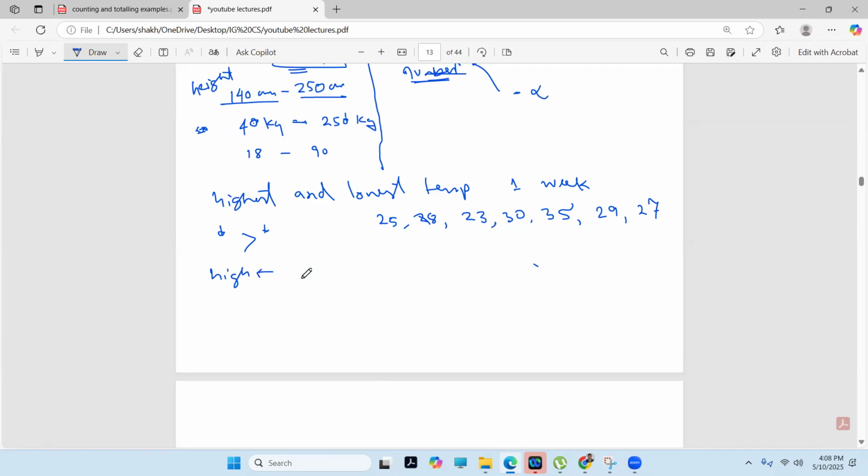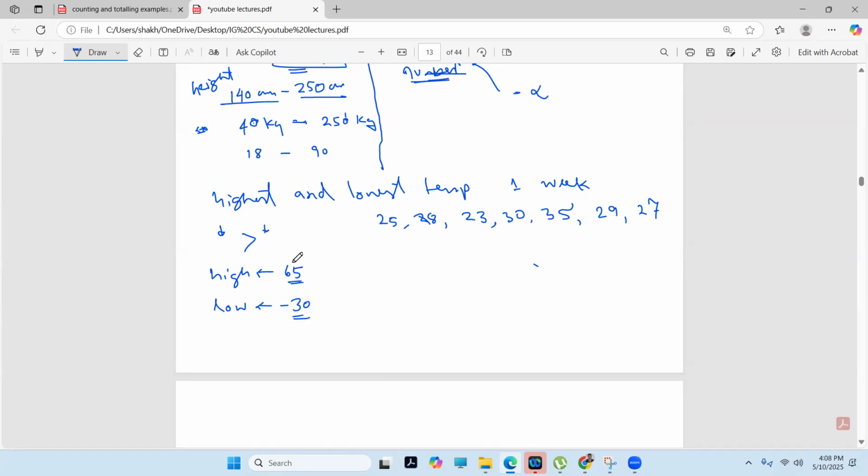You write the highest temperature at the beginning. For example, the highest temperature on Earth possible is 65 degrees, and the lowest temperature on Earth from your common sense is -30, for example. Now this is your starting point for high, and this is your starting point for low. Now you start doing the comparison.